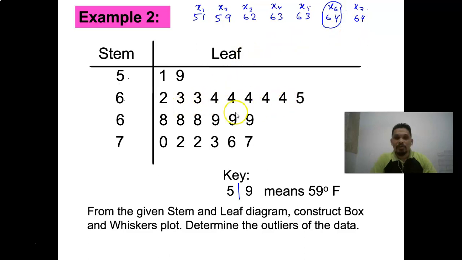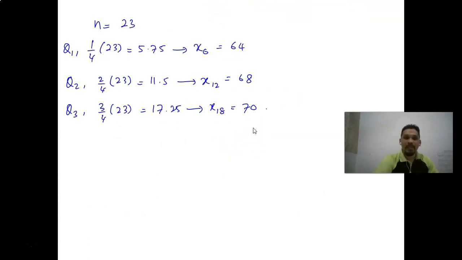Means that you may continue the rest until the 22nd and 23rd observation. Okay. And now, upper inner fence equals Q3 plus 1.5 times (Q3 minus Q1).